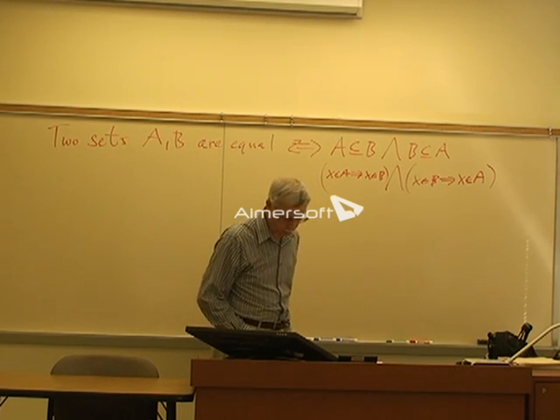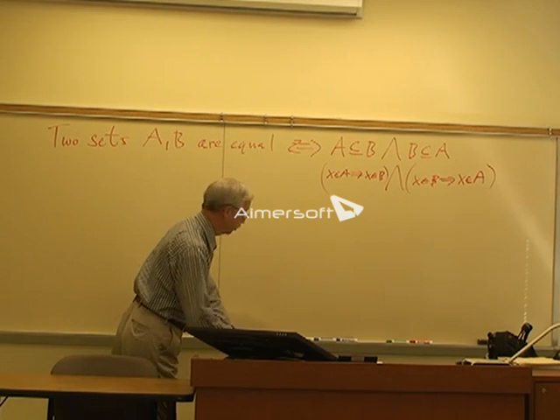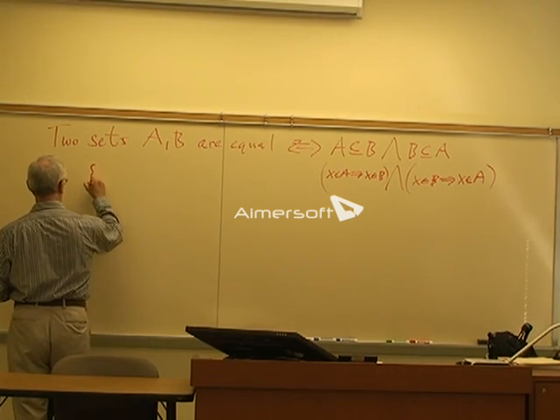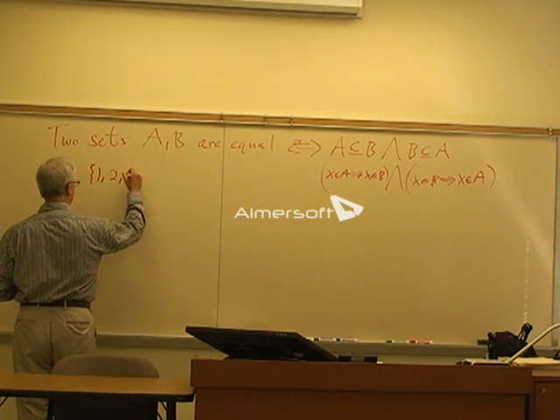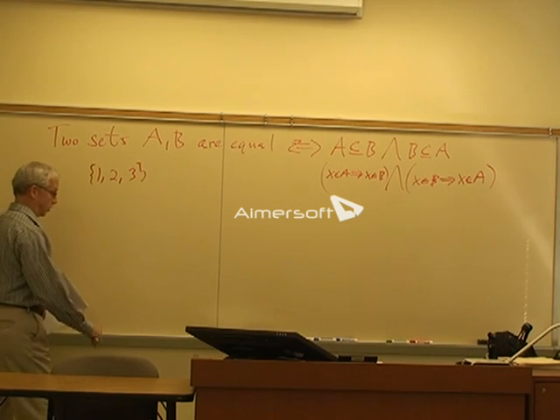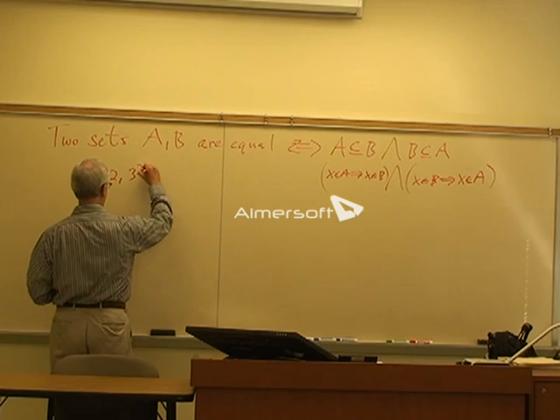So a trivial example of equal sets and set notation. This one I kind of like. For finite sets, we can sometimes list them in order. List all the elements if it's small enough.